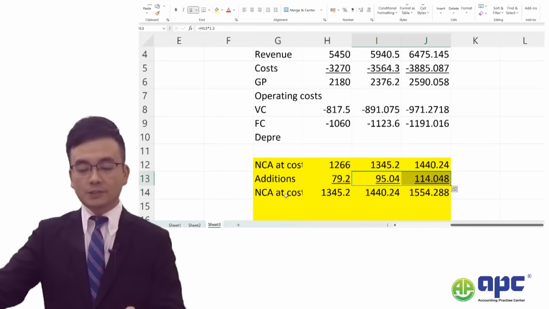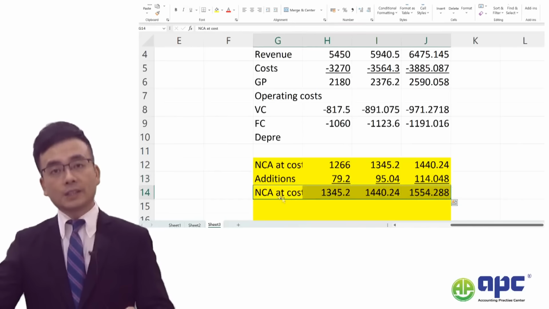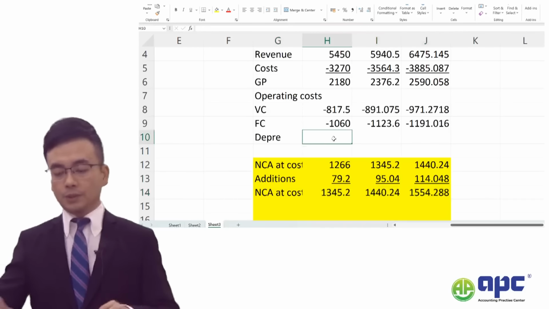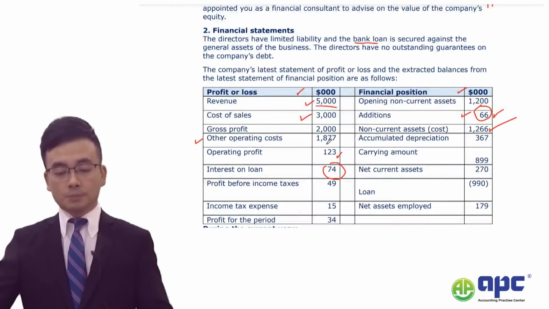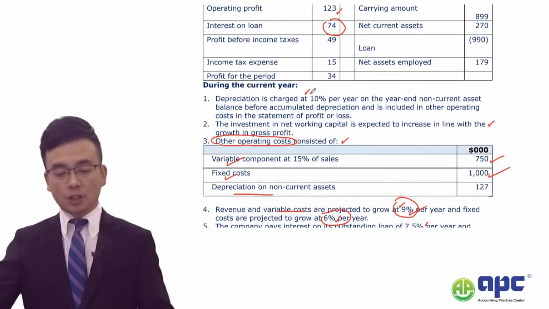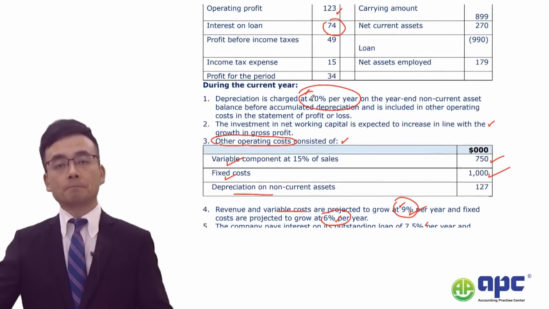The next thing that we need to do is to base on this figure to calculate the depreciation. Because, as we can see in the question, depreciation will be charged at 10% per year.